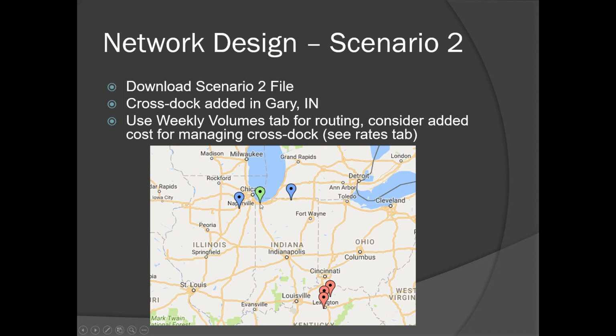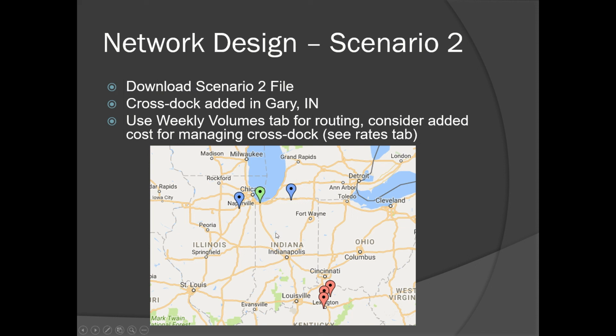A cross dock is a place where you take maybe one supplier's freight that's meant for 2 plants and deliver it to the cross dock, and a truck leaves from there to this plant, and another truck leaves from the cross dock and goes to the other plant. It's a way to make sure trucks run really efficiently, and then you break it down and deliver it to the final destination.